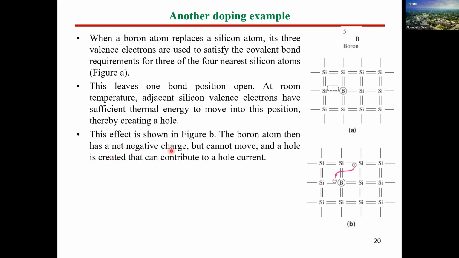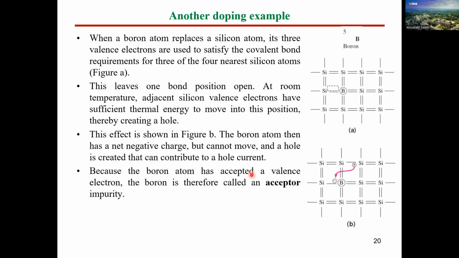This effect is shown in figure B here, guys. The boron atom then has a net negative charge but cannot move, and a hole is created that can contribute to a hole current. Because the boron atom has accepted a valence electron, the boron is therefore called an acceptor impurity.